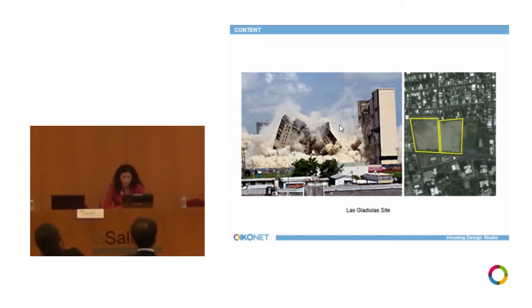And at the end, this is what happened. People started leaving the building little by little, and at the end, they demolished it. Then the students, after that, started to make different site analyses based on the regular analysis of figure ground and circulation, winds, the sun.